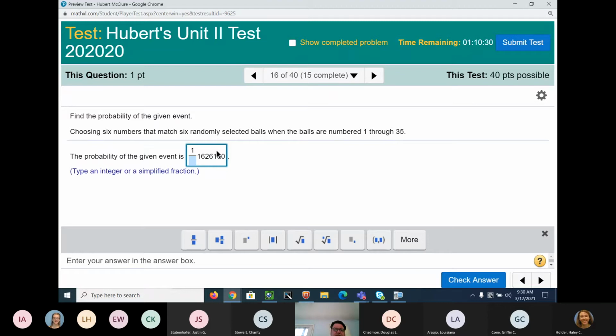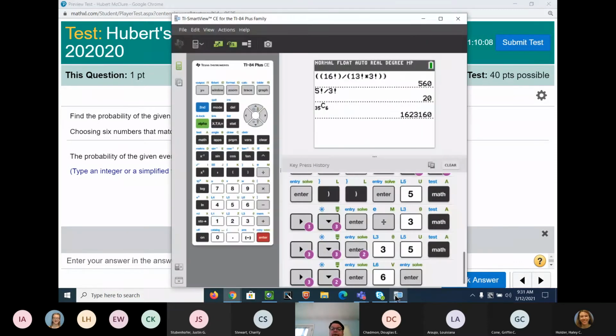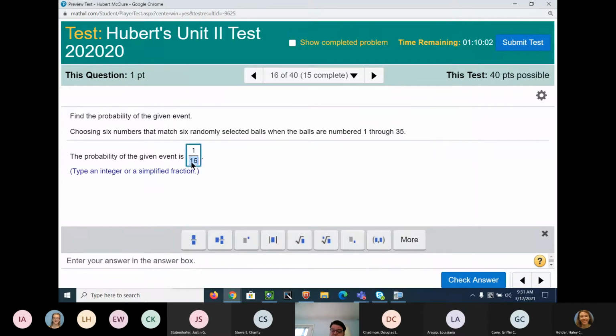Well, first of all, I need to change it into a fraction. 1 divided by, I forgot the number now. 1, 6, 23, 160.